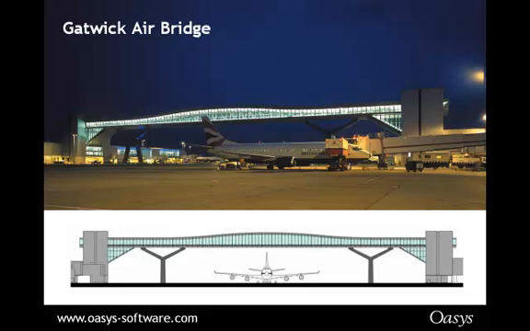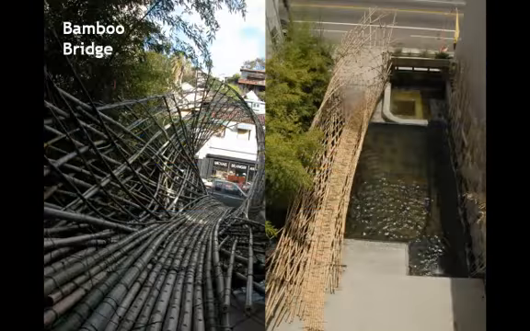Gatwick Air Bridge, a large footbridge over a busy airport taxiway. Obviously, because it's so busy, it had to be built off-site, as it were, around the corner, and then jacked into position in an overnight operation. Again, another extreme.